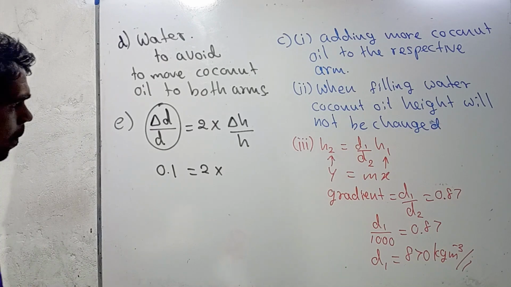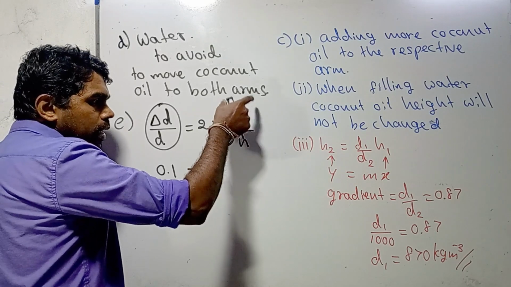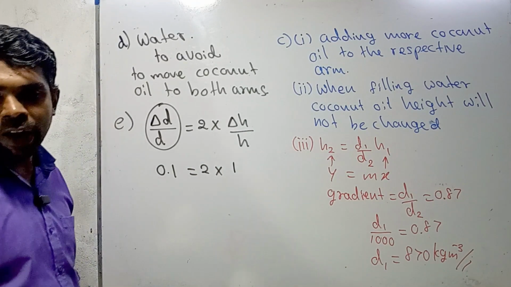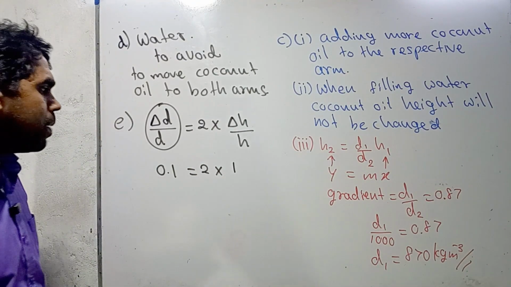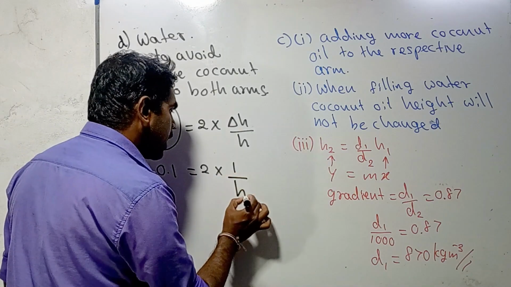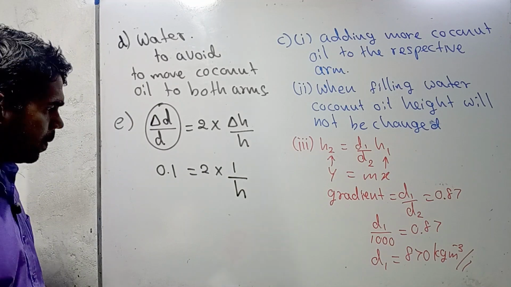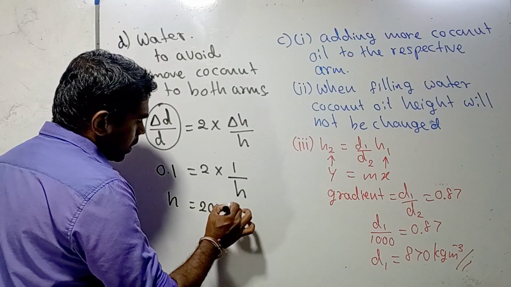When measuring height, we are using a meter ruler. Therefore, the minimum reading is 1 millimeter. The least count is 1 millimeter. It means the maximum error of height measurement is 1 millimeter. We have to find the H value, the corresponding minimum suitable height. Then we can find the H value is 20 millimeters.